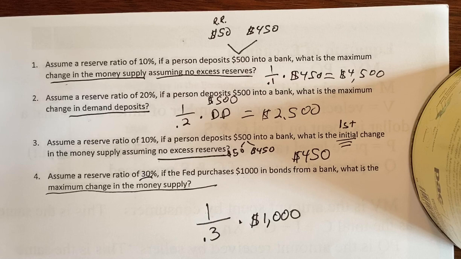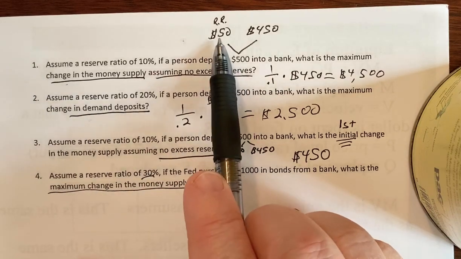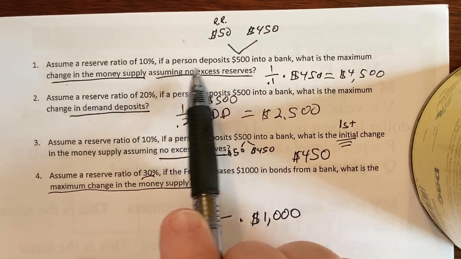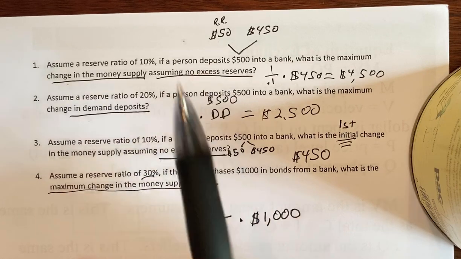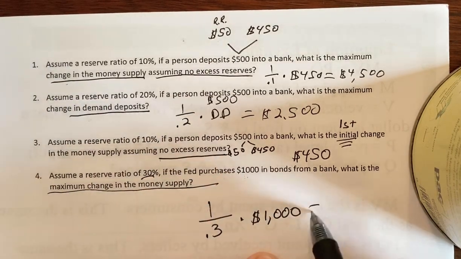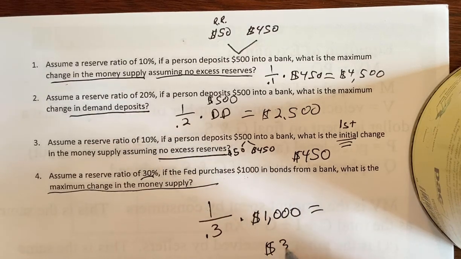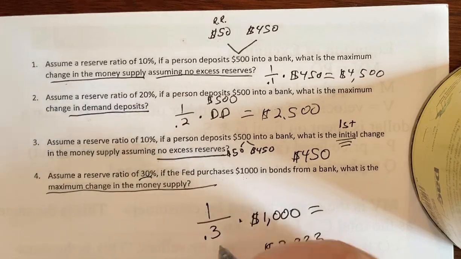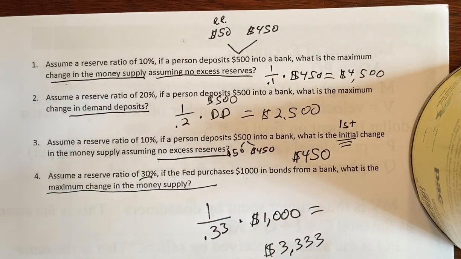Because it is not a demand deposit. You only have to take out the required reserves when it is a demand deposit. This is not a demand deposit, so they can loan out the full amount. So the answer is something like this. You got it?